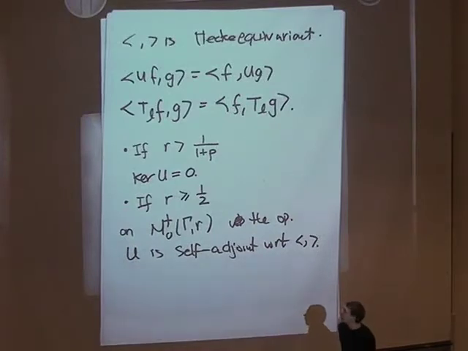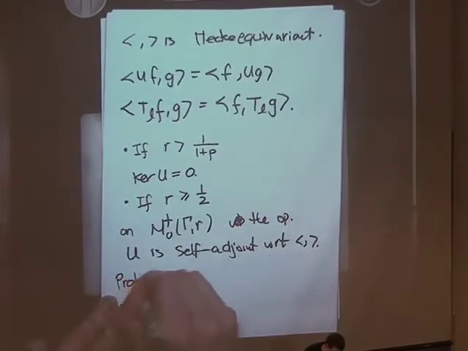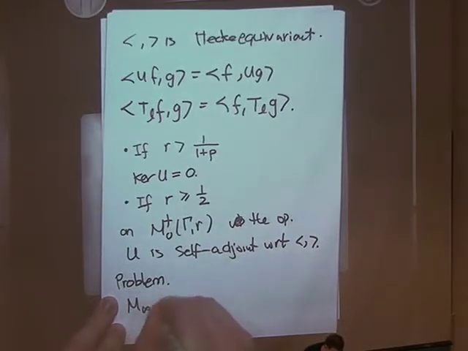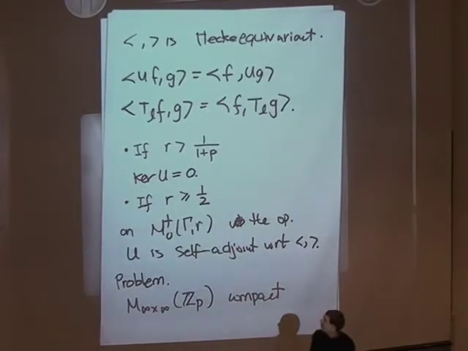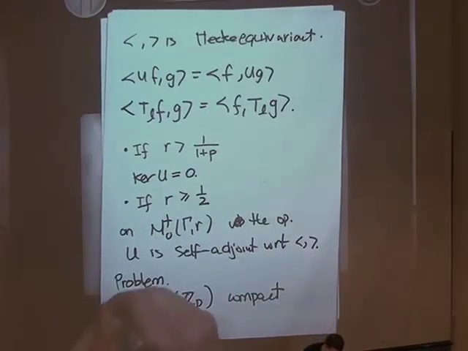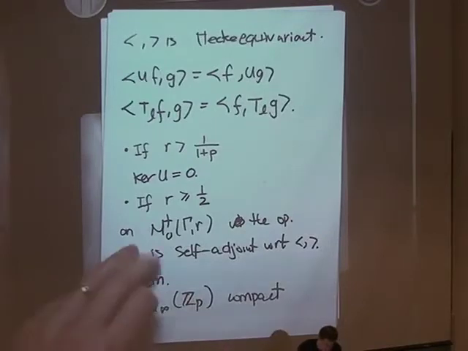On the other hand, it's not so hard to show that this is actually a condition, but it leads to just a problem in linear algebra, which is: take an infinite by infinite matrix over Z_p that's compact. So you can think of this as just a matrix which reduced mod p^n has only finitely many entries. And so let me give the matrix a name. Take M in this matrix, and you suppose two facts.